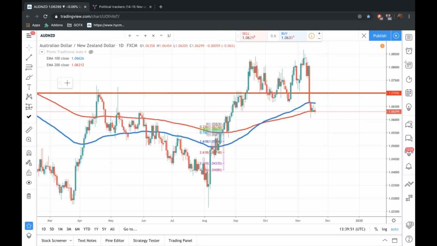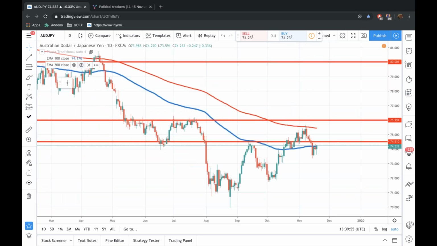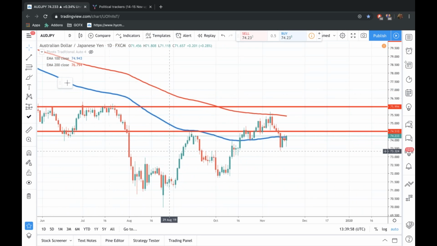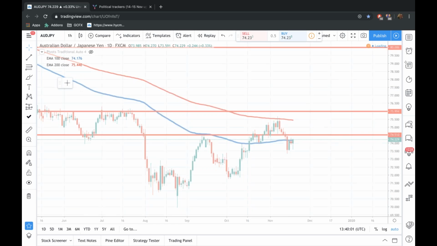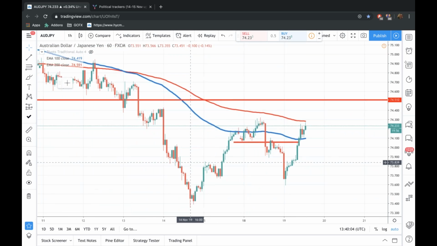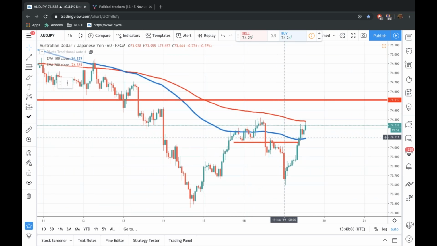Okay, Efam, Australian dollar, Japanese yen. The nice thing about this pair, Efam, is that it's a really good risk currency pair. So when risk is on, you can expect the Australian dollar Japanese yen pair to be bid.